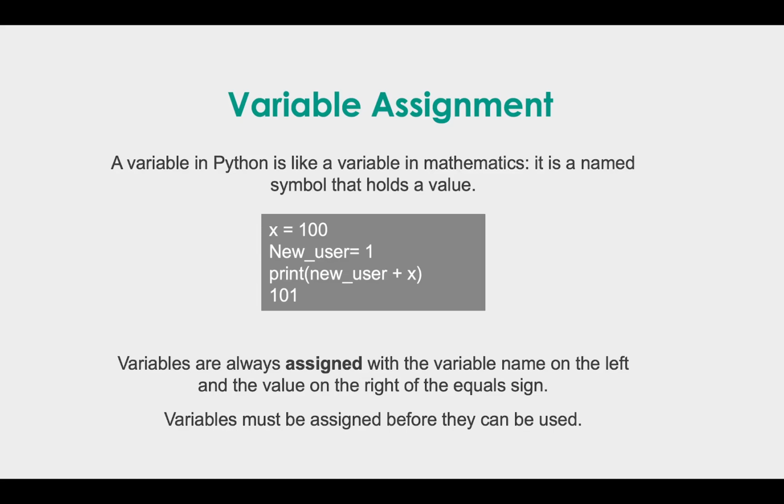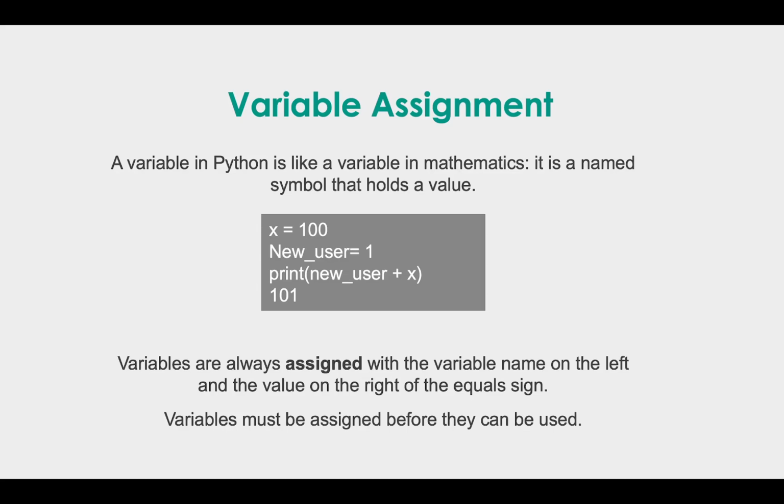Variables in Python must start with an underscore or a letter, lowercase or uppercase, it doesn't matter. But it cannot use any special characters, like you can't use a dot because that makes it a class. It is not a variable anymore there.